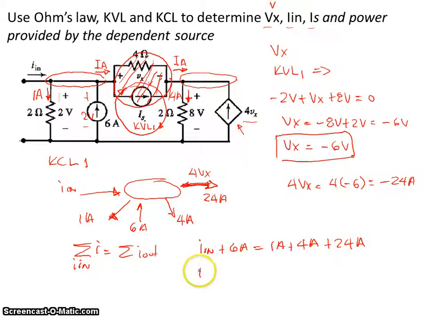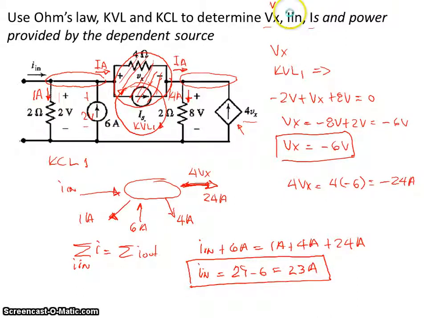This is going to be I sub in equal to 24 plus 4 is 28, 29 minus 6, that's 23 amps, and that's the value for I sub in.